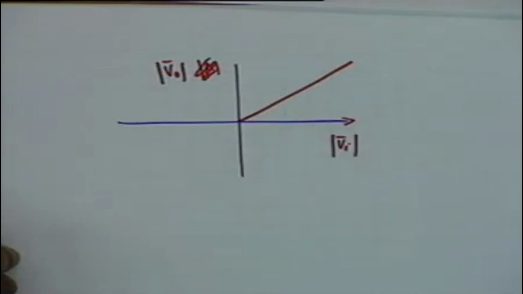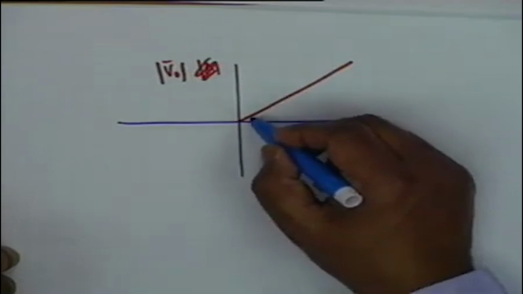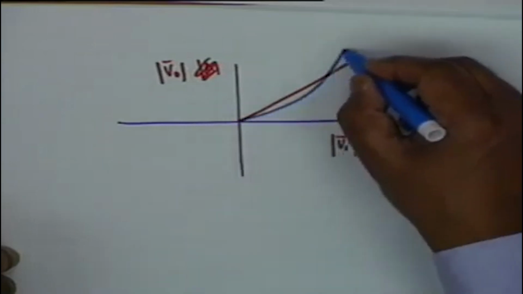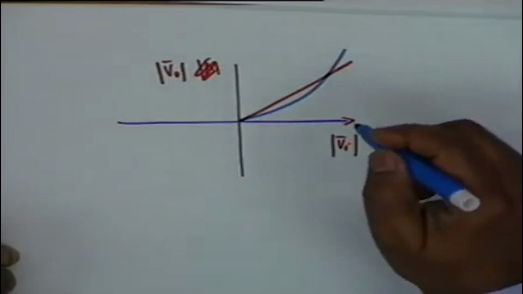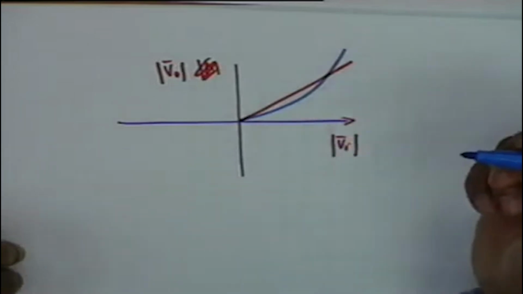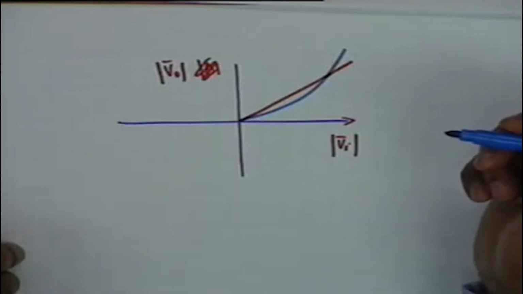Now suppose the characteristic is like this. Instead of a straight line, suppose the characteristic is like this. Then obviously a sinusoidal signal shall not give you a sinusoidal output. Is that clear? The output shall be distorted. Agreed?